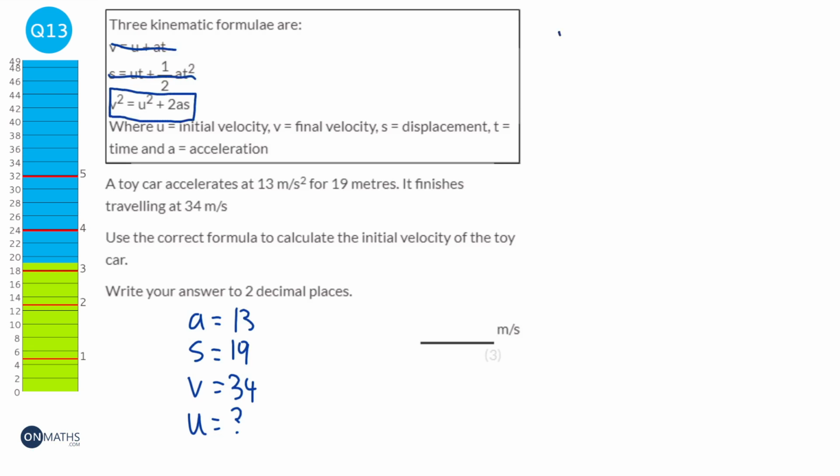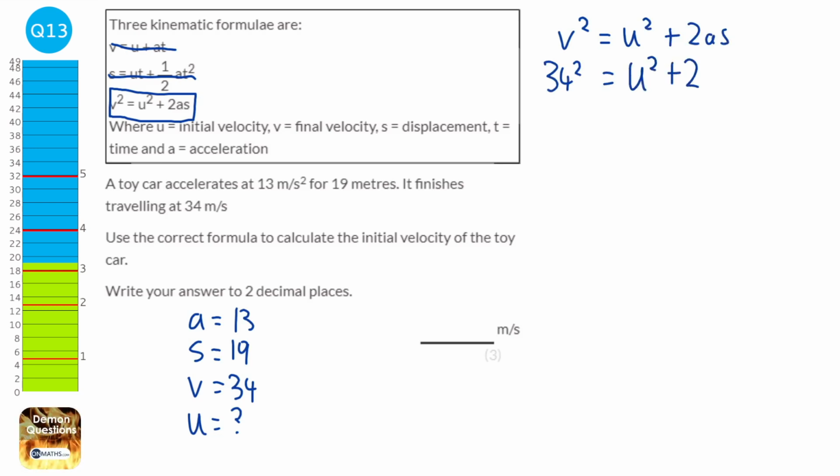So let's write that out. V squared equals U squared plus 2AS. So that would be 34 squared equals U squared, because that's the one we're looking for, plus 2 times 13 times 19. Okay, so let's just work these parts out.